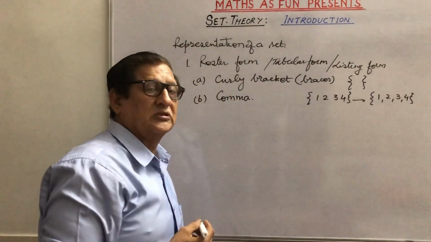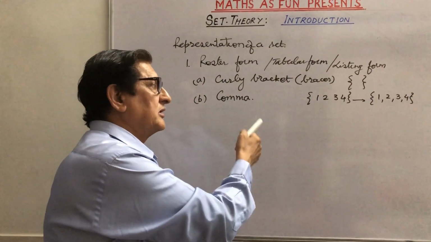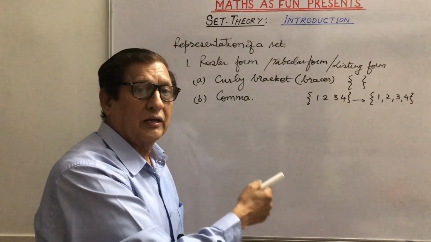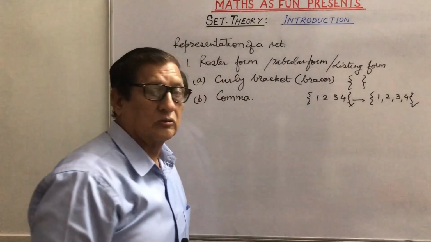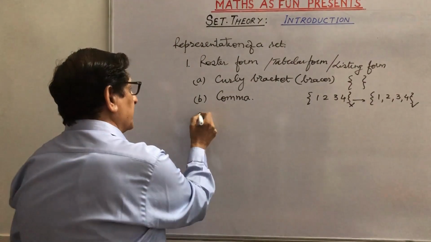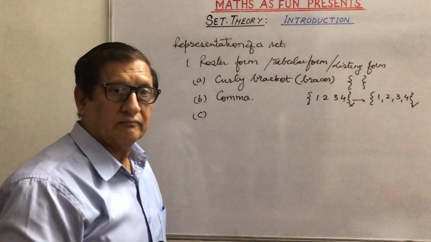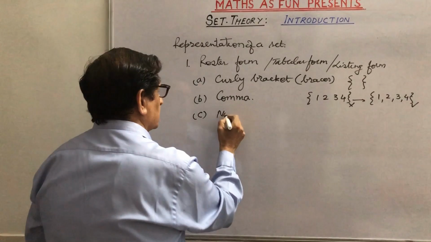There are 4 elements in it. So this thing we have to remember, that the elements are to be separated by a comma. So this is the wrong notation and this is the correct representation of a set. The third point we have to remember is that elements are not to be repeated. No repetition.